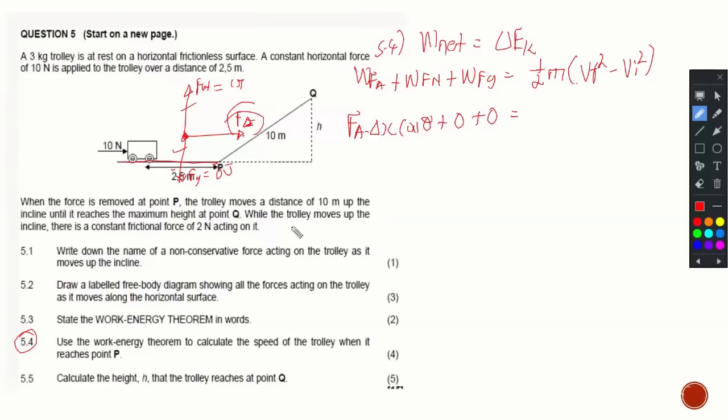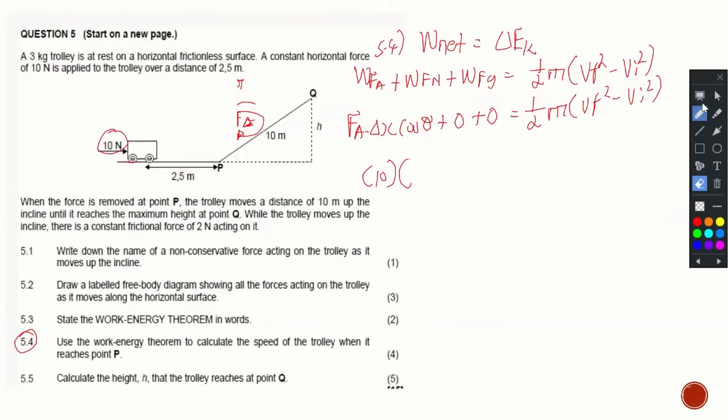They are perpendicular to the displacement. And then we are going to have our half m Vf squared minus Vi squared. Now we can start substituting. Our force applied is 10 as indicated here. And then our delta x is 2.5 again as indicated. So it covers a distance of 2.5.